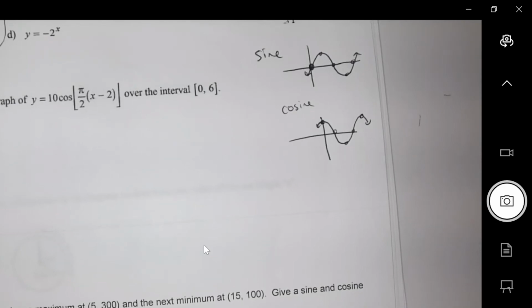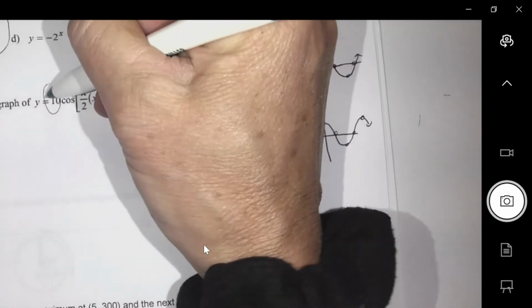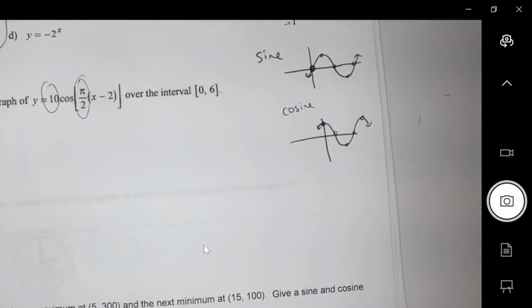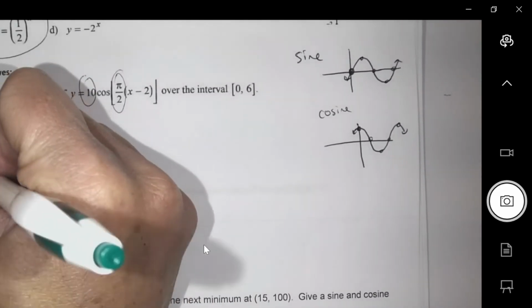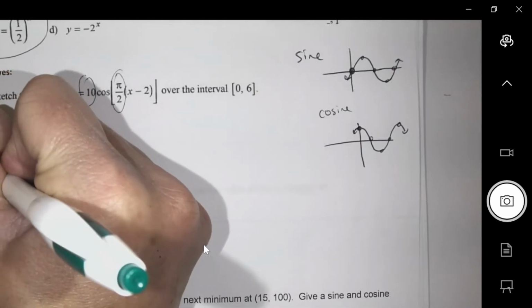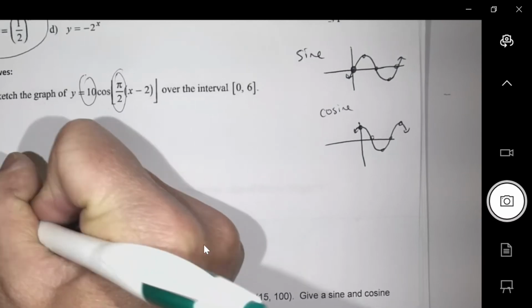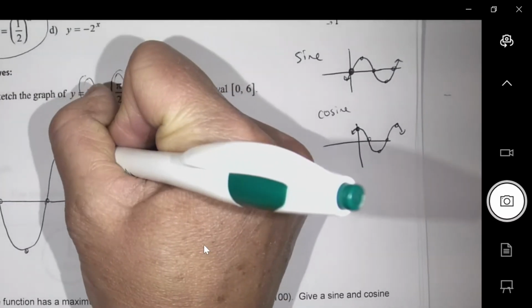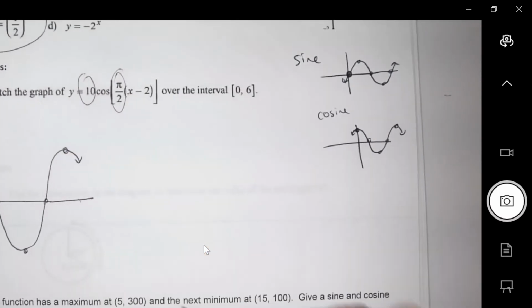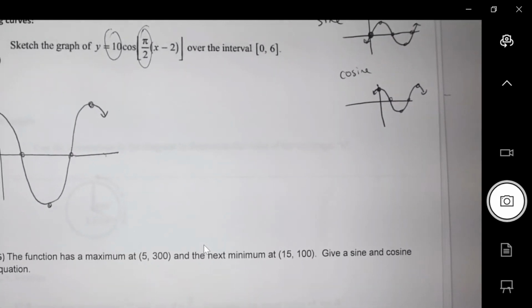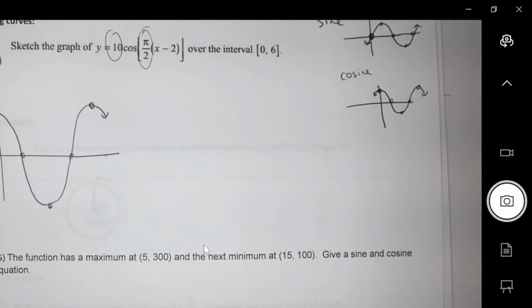Okay, that's all I remember. I'm going to sketch a cosine curve, and I'm going to put this and this on it, the A and the B. So I'm going to start at the top. Okay, so there's a cosine curve.